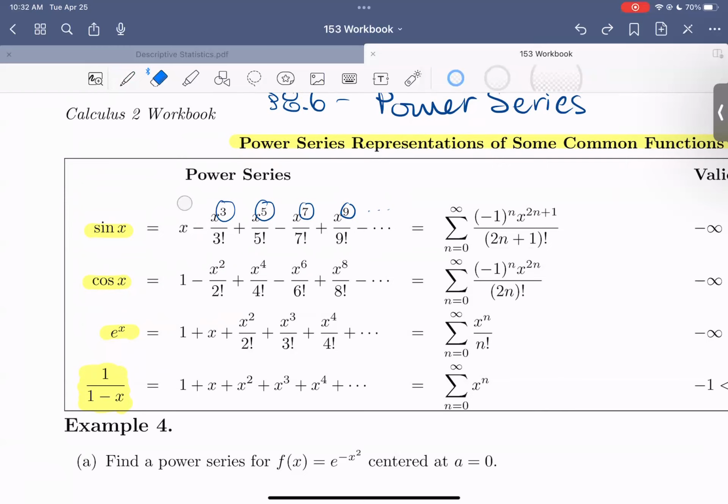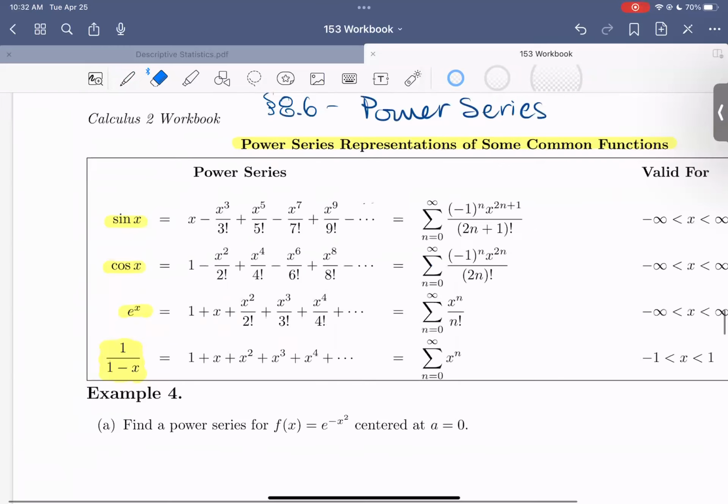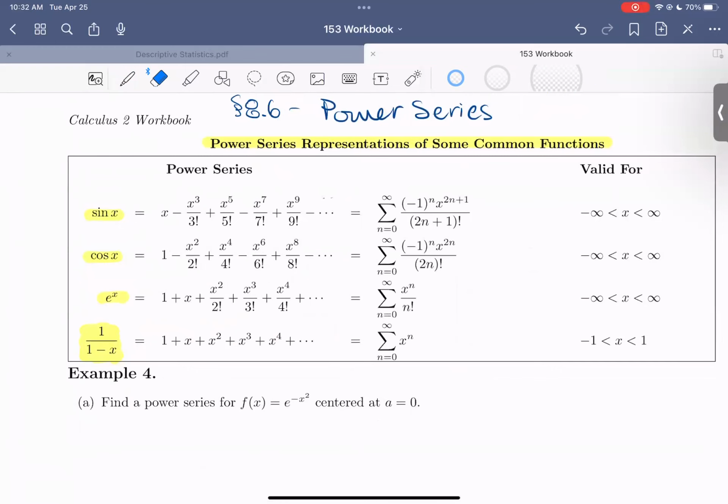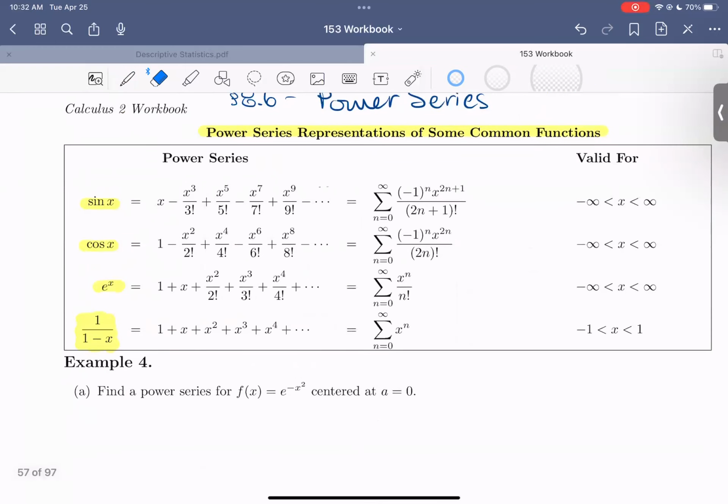Okay, so now in example 4, we're going to see how we can use these power series that were computed for us to determine power series for some other functions in a quicker way. And one other thing I want to note here is that in this box, it's also really awesome because we're given where these series are valid, i.e., the interval of convergence.